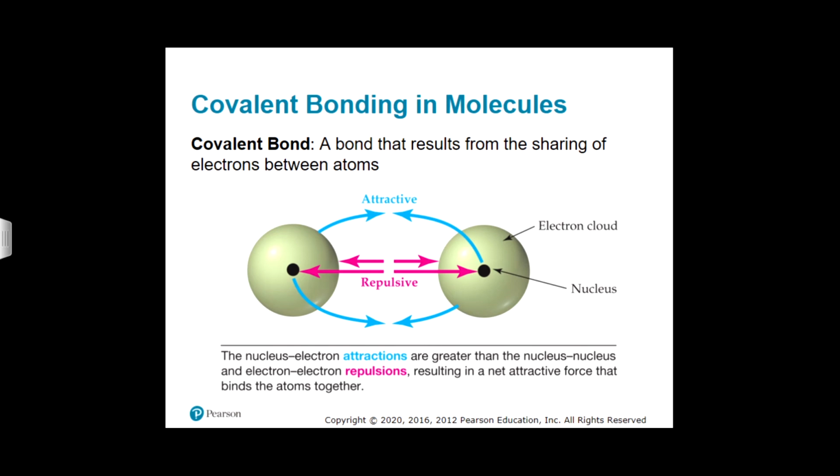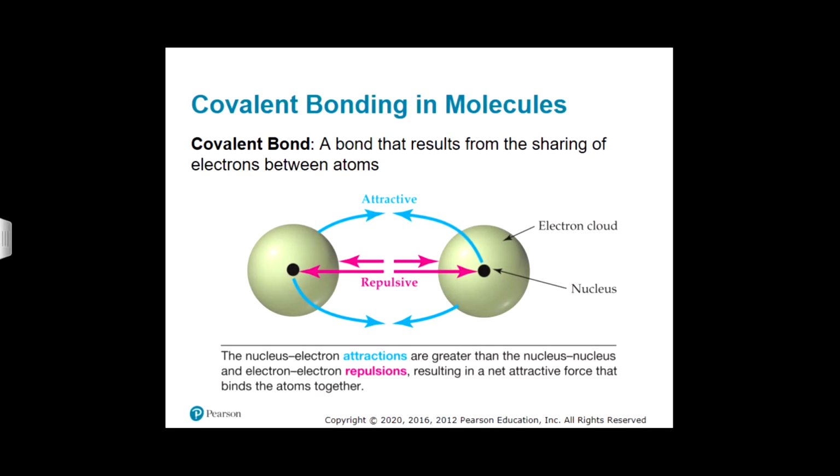Likewise, the electron clouds on both atoms repel each other because the electrons are negatively charged. However, there's also attractive forces, namely between the electrons of one atom and the nucleus of the other atom. And so we've got 2 of those involved since each atom has its own electron cloud that can be attracted to the other atom's nucleus.